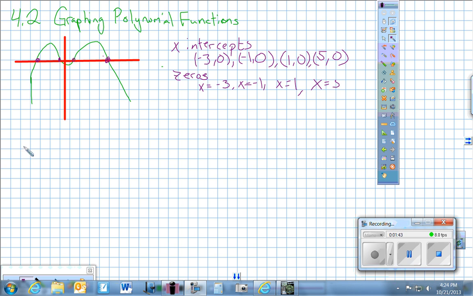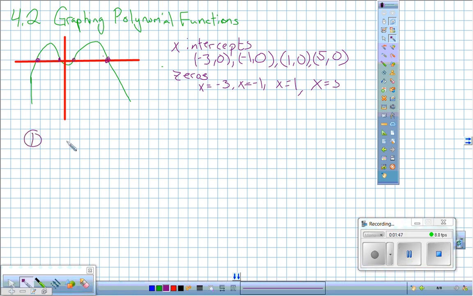So for number 1, the question is f of x equals x to the 5th minus x squared plus 6. Your questions for 1 through 6 ask you the maximum number of real zeros a function can have.